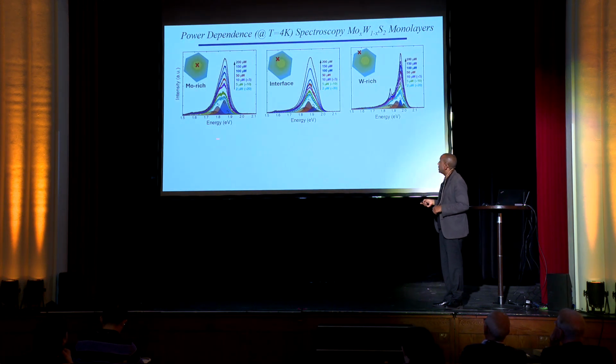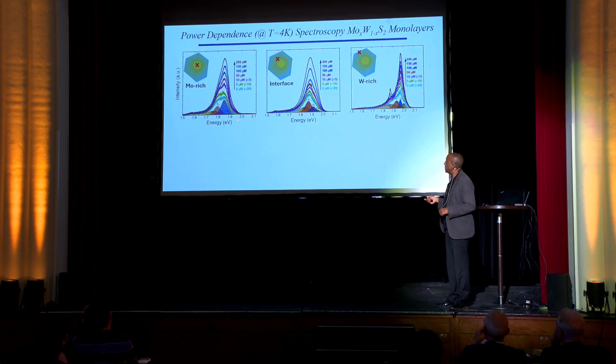So if you do power-dependent spectroscopy at different points, here I show you 3 representative points: in the middle, somewhere in between, and the edge. You get some spectra like this as a function of laser power. And this is common in the community. And you then try to fit this with different peaks.